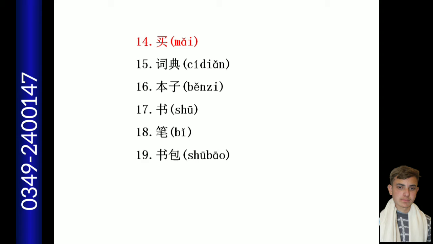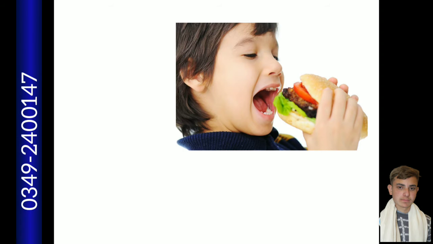Now, let's look at the words one by one. The first word, 吃, to eat, 吃. In the first lesson, I think maybe some students already know some parts of the meaning of the Chinese words.